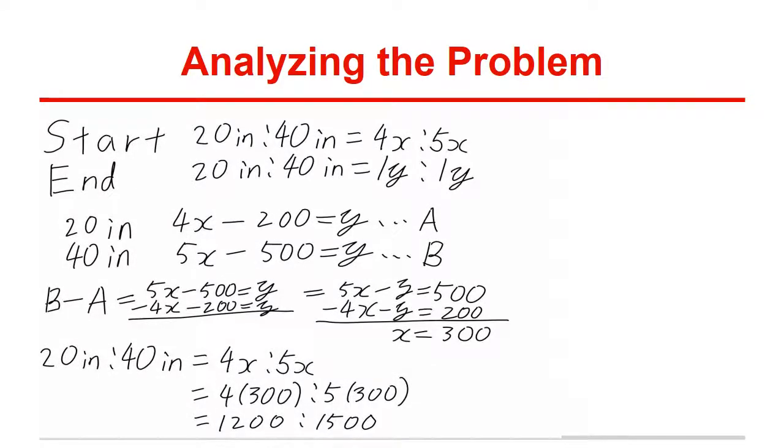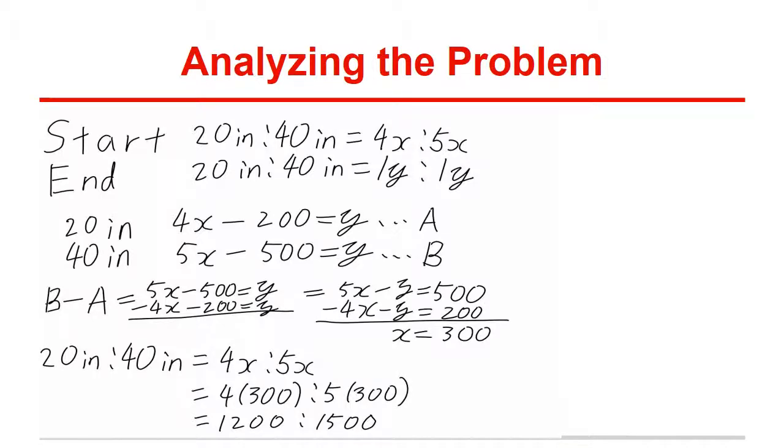So this is one of our harder problems, and as you can see, we start with 20-inch and 40-inch TVs at a ratio of 4 to 5. And by the end, the 20-inch and the 40-inch TVs become 1 to 1. So what you want to do is subtract 200 from 4x, and that equals y.